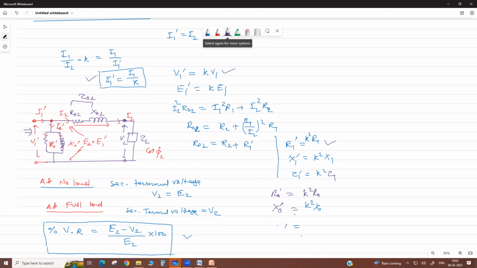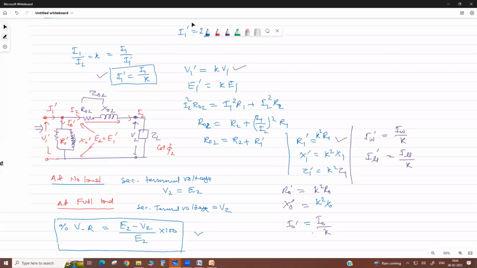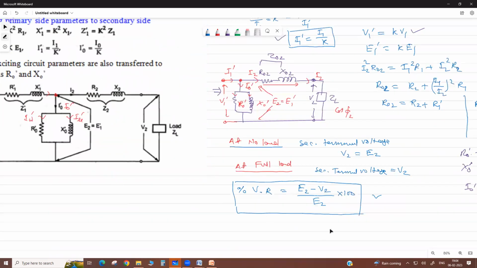If you calculate I0 dash, for current it is divided, so your I0 divided by K. Please remember, these things we can transfer. Same like you also transfer I mu dash and I omega dash. Use this current relation, divided by K. Got it? So here this shows the relation, how they transfer.